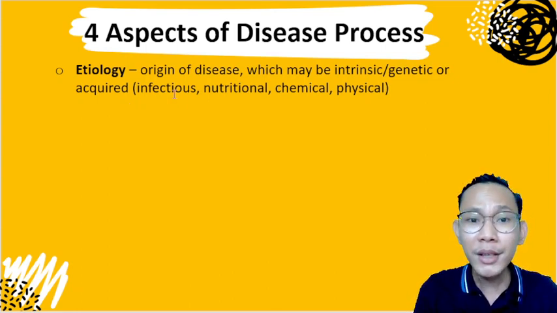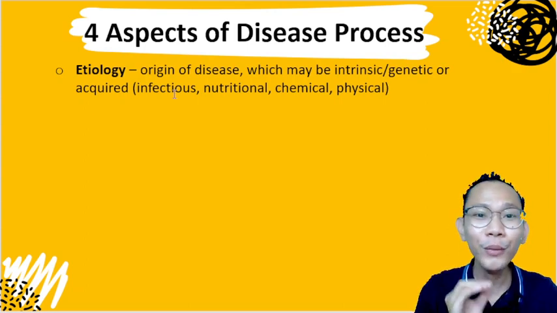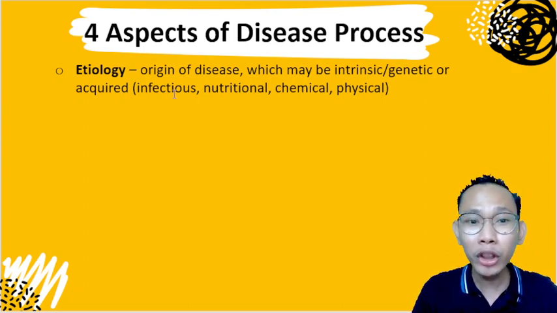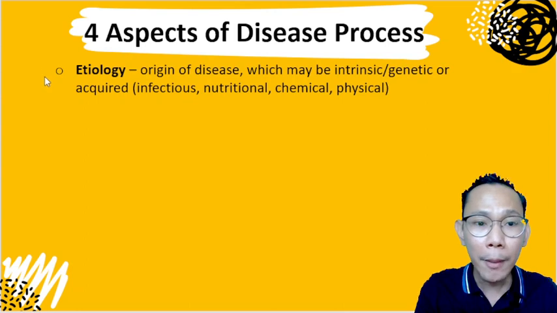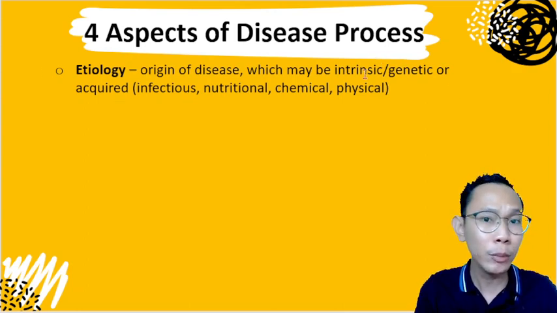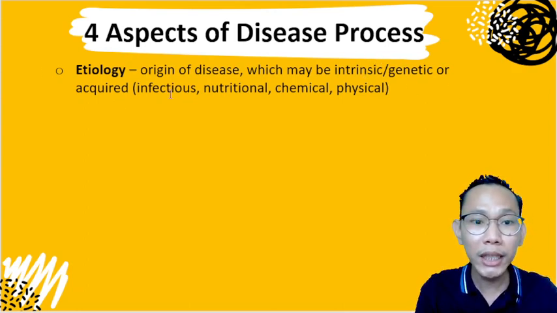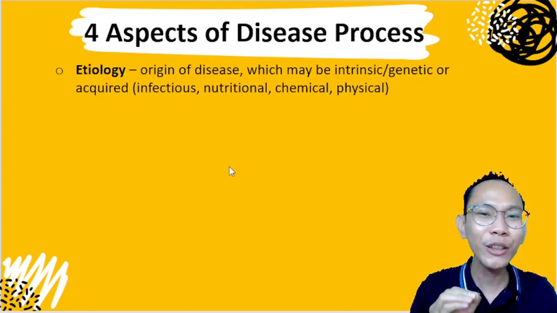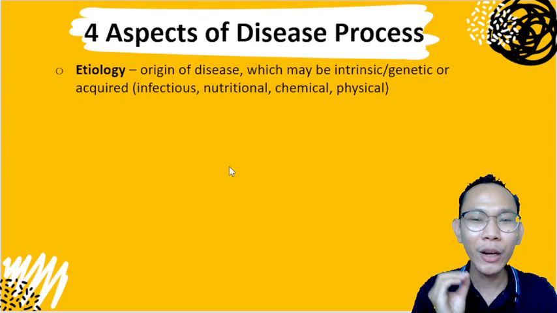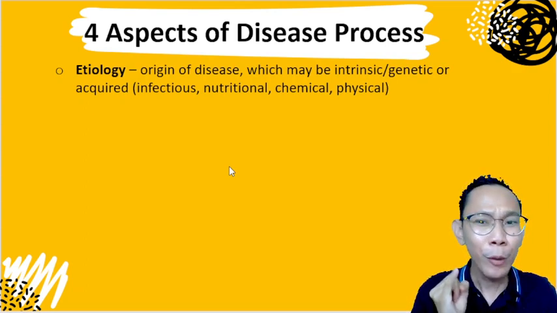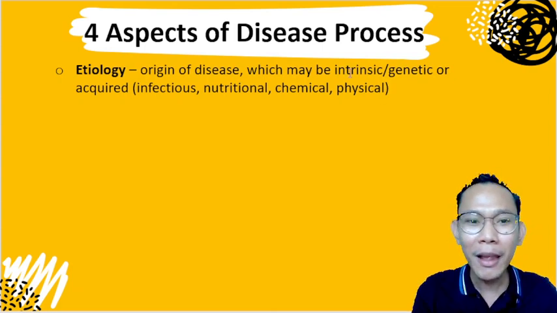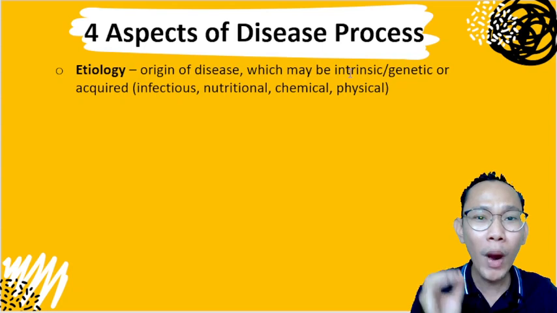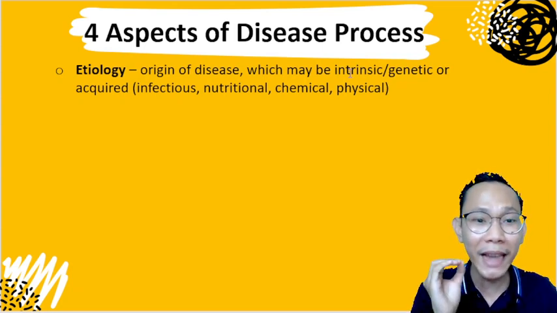But there are certain conditions, a lot of disorders or diseases, brought about not only by the acquired or the intrinsic. It could be a combination of intrinsic and acquired. Pwedeng multiple causation. Ito yung tinatawag namin na multiple causation. For example, cancer. Is cancer brought only about by genetic defect? Of course, hindi lang. There are a lot of factors why a certain person develops cancer.